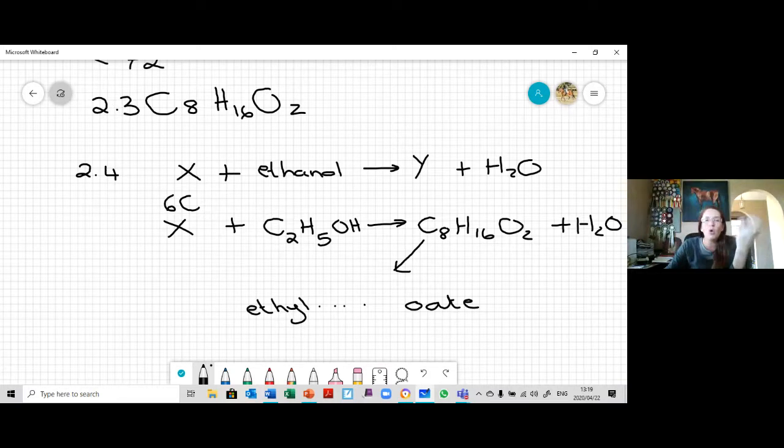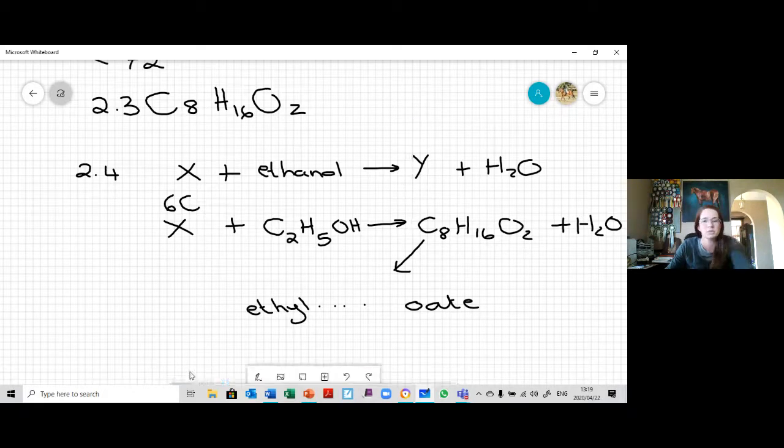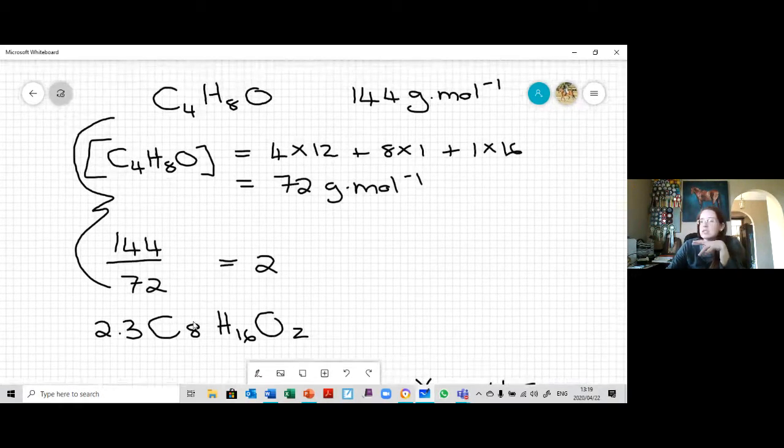Or if you get 1.999, then it also becomes 2. But 90% of the time for a calculation like this, we have worked it out so that it works out to a whole number.